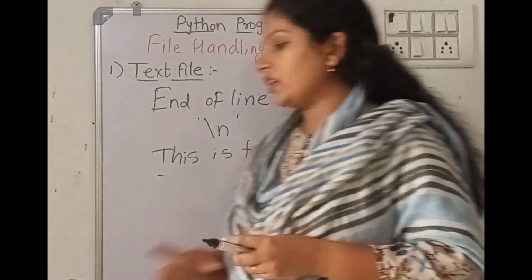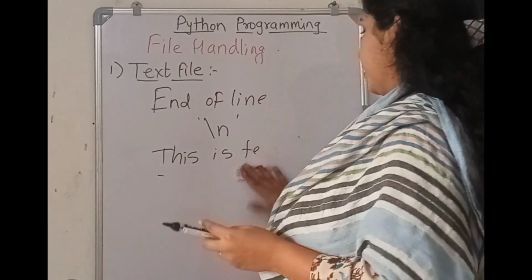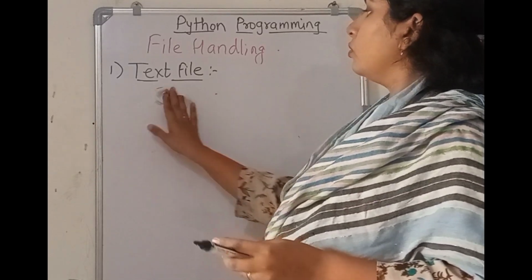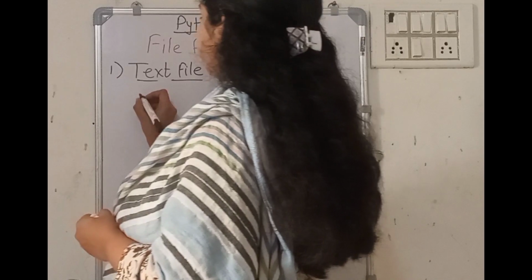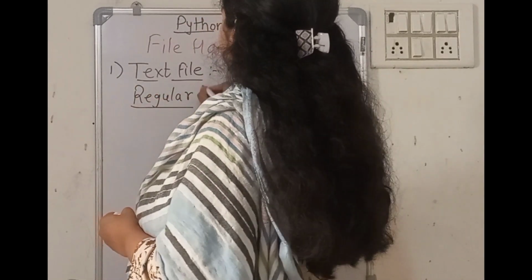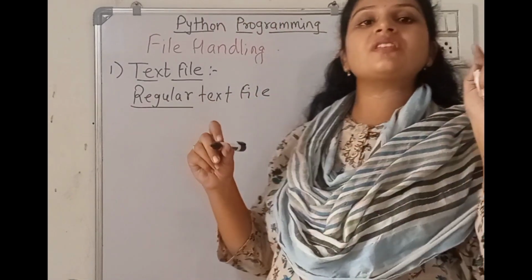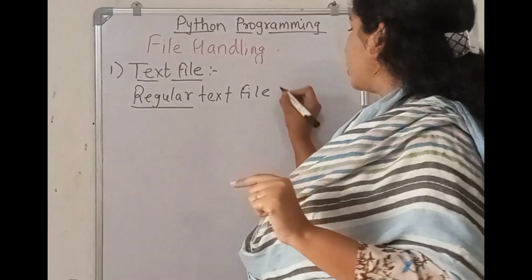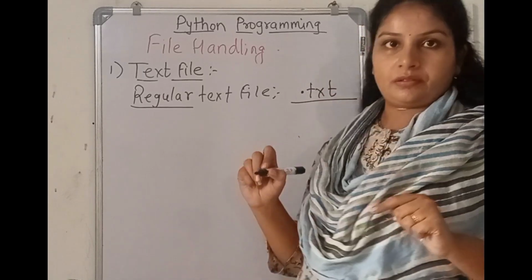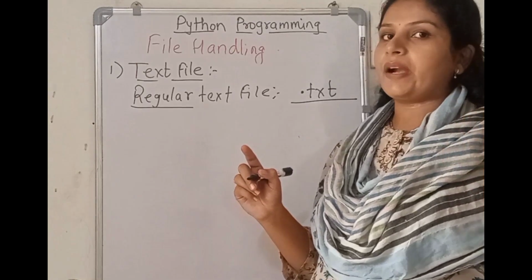Now when we consider the text file, there are normal or regular text files which I mentioned using Notepad. So there are regular text files. When you just open any Notepad file and you write down the data in that file, and you save the file using .txt extension. .txt is the file extension for the Notepad file.